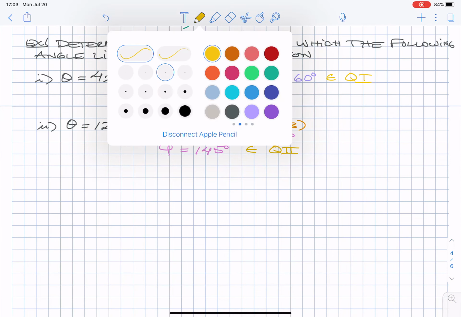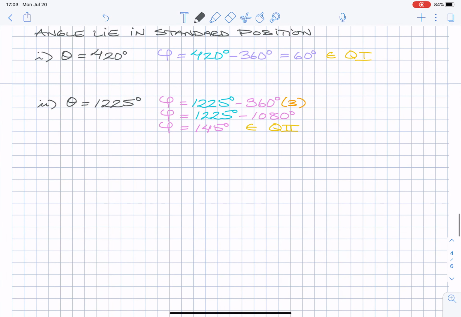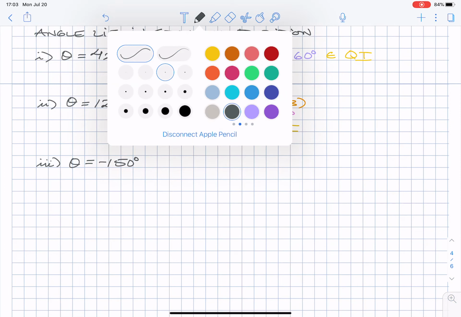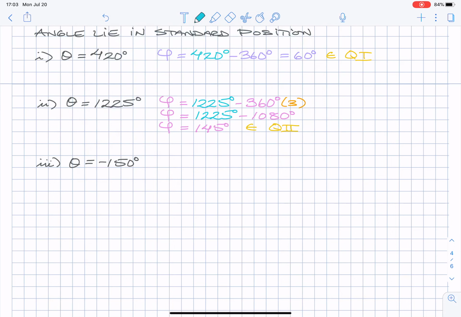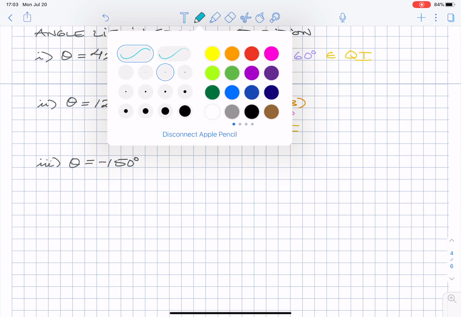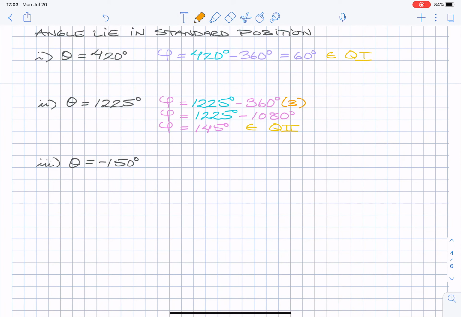Okay, so number 3. Let's say I have that theta is now negative. Let's have it be negative 150, so now I'm going to have to add to get to phi. So this time, what color should I use? I guess I'll use orange.